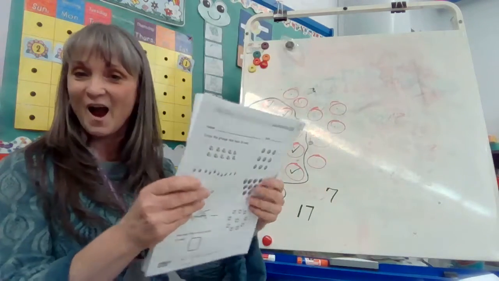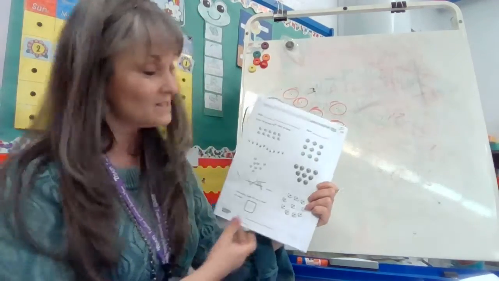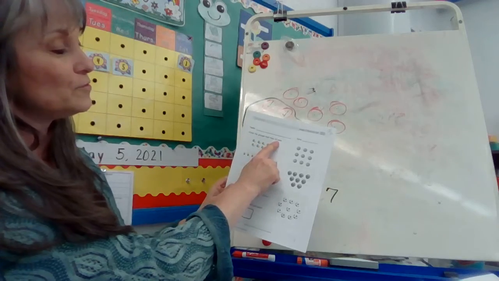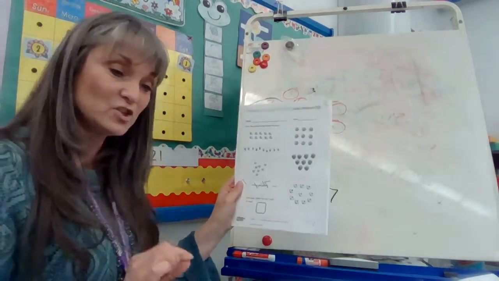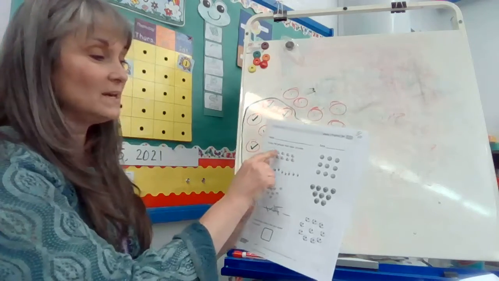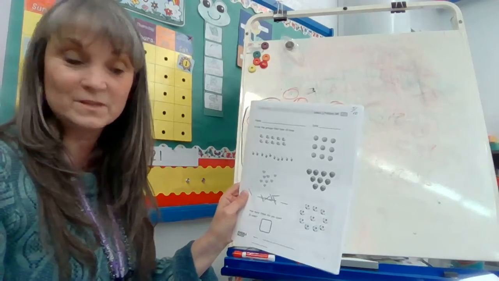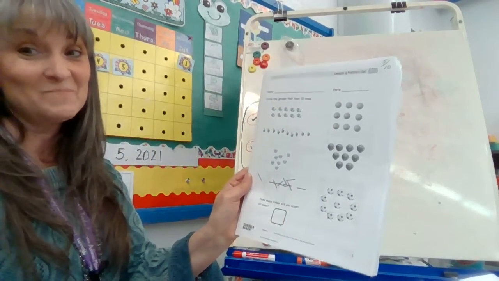Well, you ready for page 1? I think you are. Today you'll need an adult's help to read the directions, but we've done it together, sort of. So they want you to circle the groups that have 10 ones. So remember the strategy I just taught you about making a mark when you count them, so you remember which ones you've counted. They've even got a pile of sticks here that are a little bit tricky.